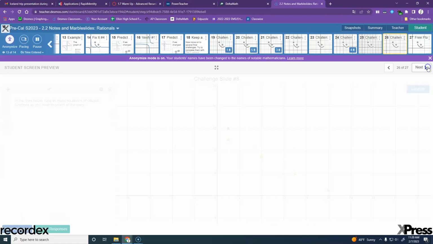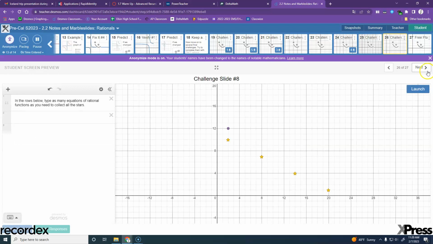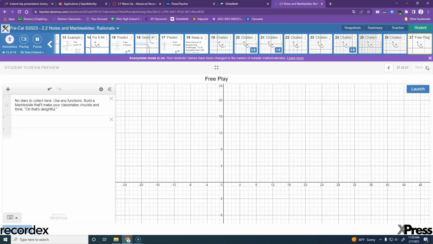How far does it go? 7, 8. Yeah, there's 9. On 9, you put the stars where you want. I think. How do I do that? How do I put the stars on? I can't even remember this.